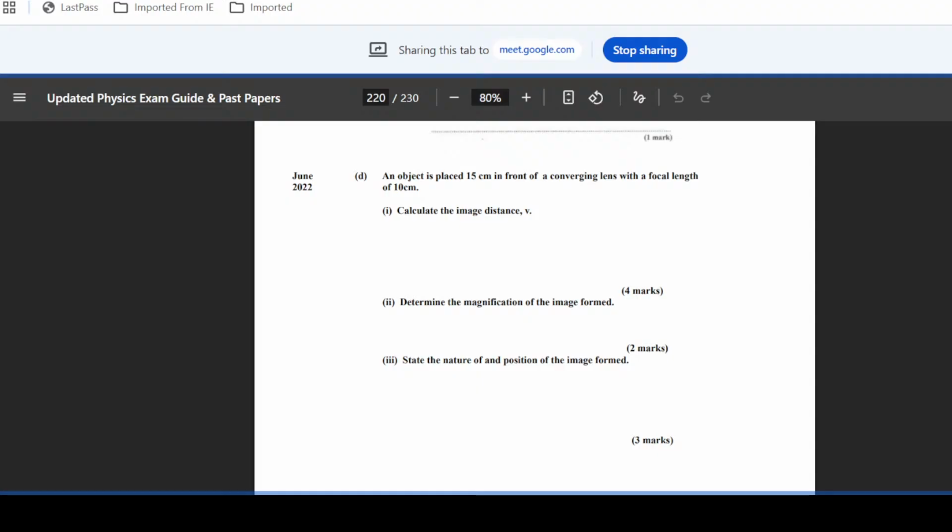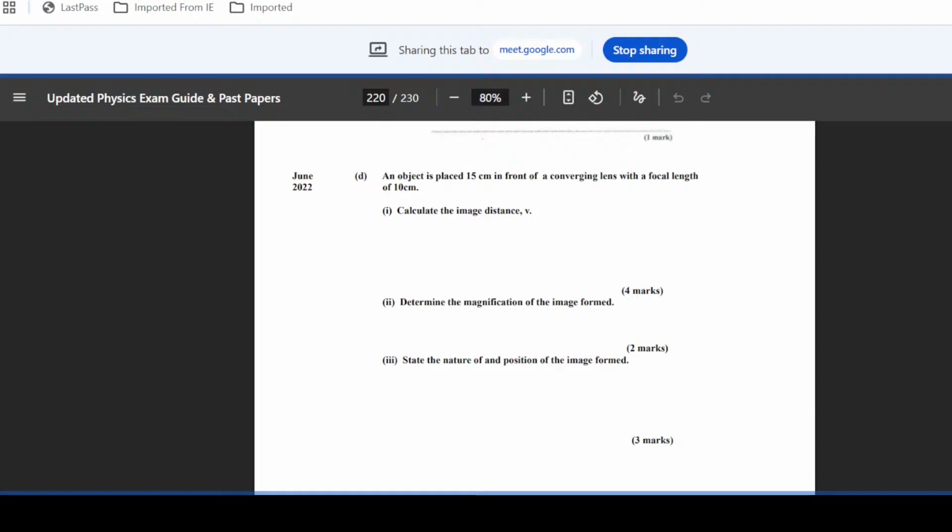If you put the object at 2 times f, so exactly at 20, you're going to have an image that's inverted, real, and the same size. So no magnification really.